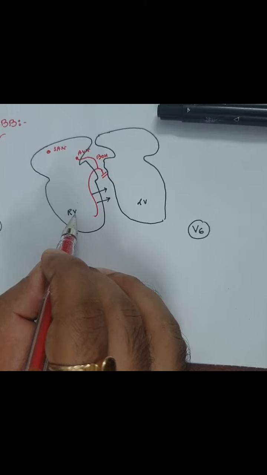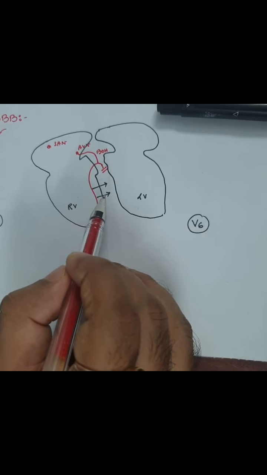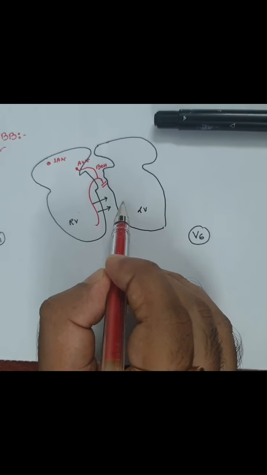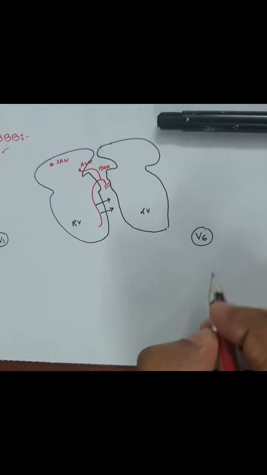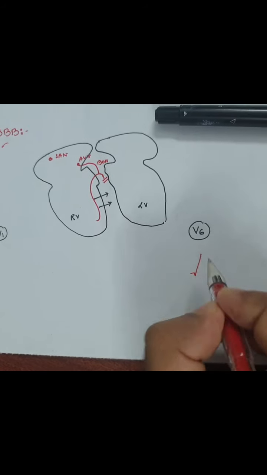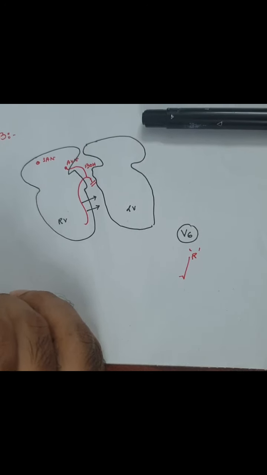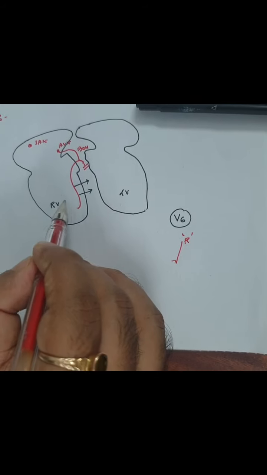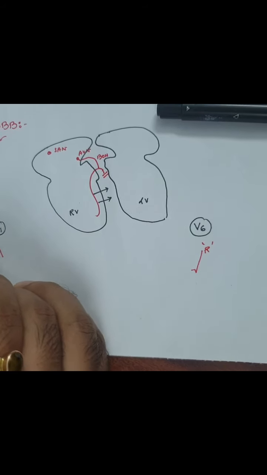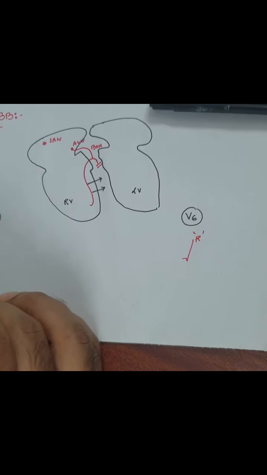The right ventricle is depolarized first, then the left ventricle, but the excitation waves go from the right ventricle to the left ventricle. So the V6 or left ventricular lead will show a positive deflection of the R wave, and in case of the V1 or right ventricular lead, the excitation waves are going away from it, so it will show a negative deflection or small q wave.